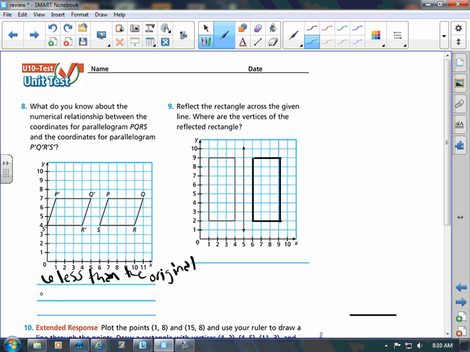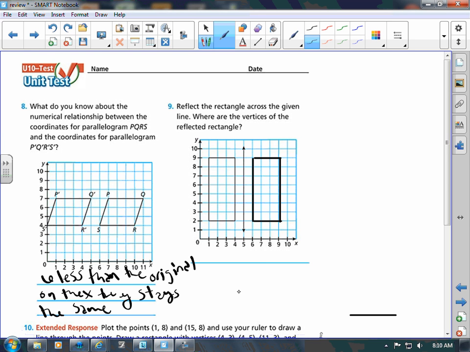But that was on the X. The Y stays the same. Let me erase so that you don't think it's a they. The Y stays the same, so my y values don't change.